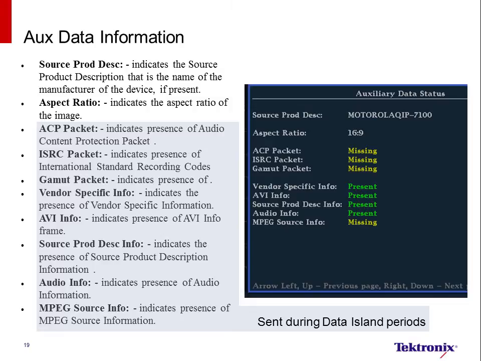The audio info packet indicates the presence of audio and whether that audio is linear PCM or one of the supported compressed formats. The AVI info packet and the audio info packet are both required for proper operation of HDMI to receive audio and video from the transmitter to the source.